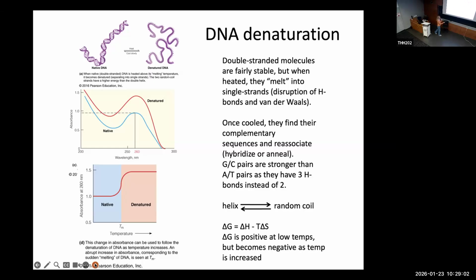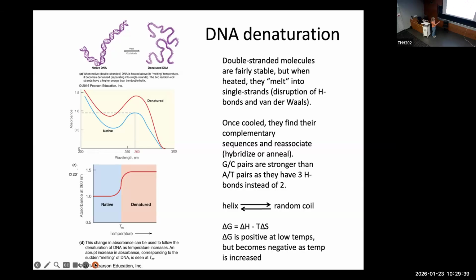So if we think about this in terms of the delta G, it starts to make sense because in which direction do we increase entropy? The denatured condition, right? That's a more random structure, has more random conformations. So the entropy increases in this direction. And so if you increase the temperature, the gain in entropy in that direction has more impact on the delta G being negative in that direction.